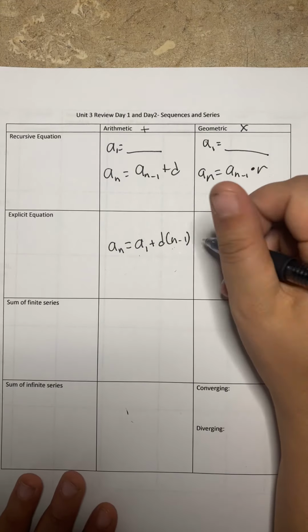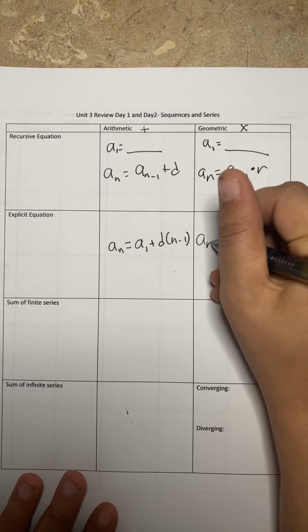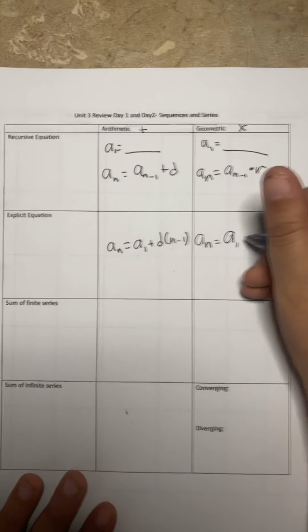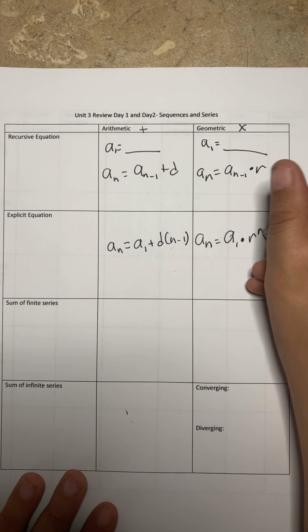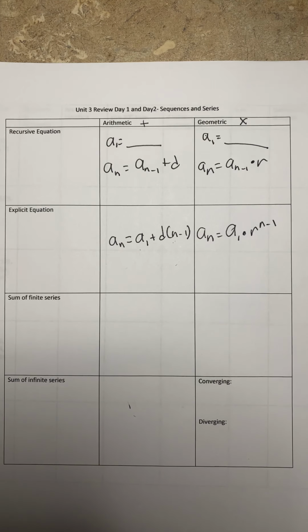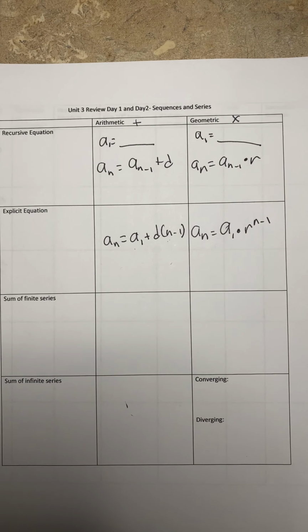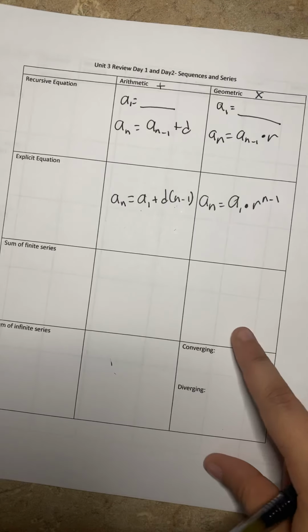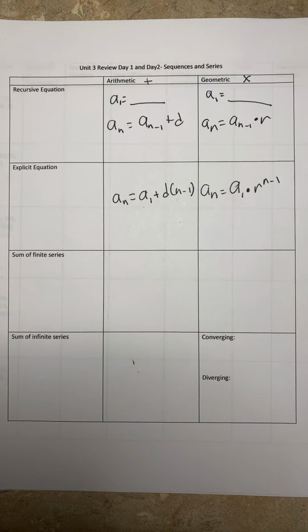Okay? So then for our explicit equation, that's a sub n is equal to my first term, a sub 1, times r to the n minus 1 power. Okay? And so I'm going to just leave these two columns. I'm going to come back on day 2 and fill out the bottom 2 rows. And then on the next page, we'll continue to keep filling out part of the tables as well.